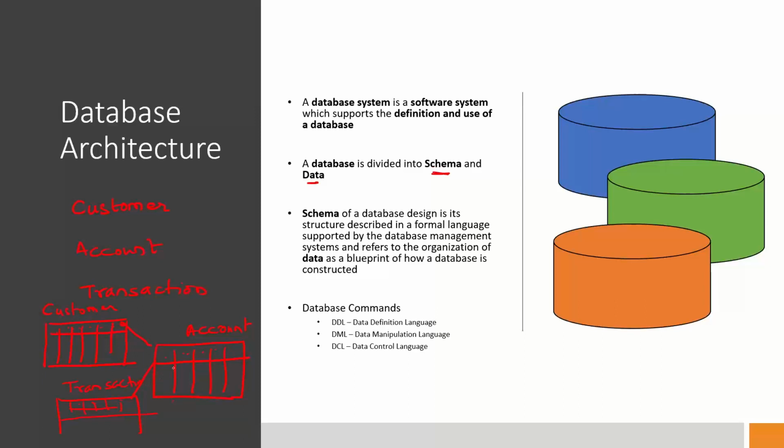All of that is part of the structure, and we call that structure as one word, schema. The actual data which is stored in these tables is the data. So a database has two components. One is the schema, second is the data.